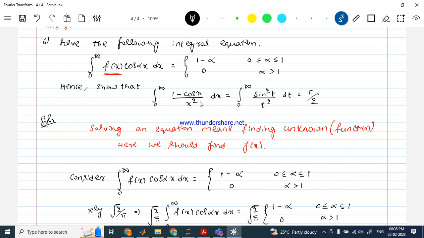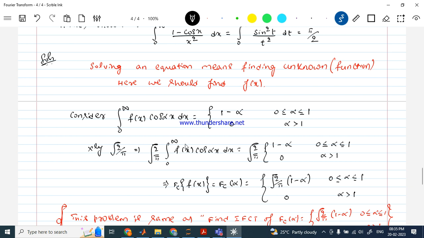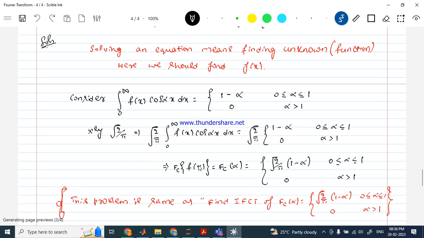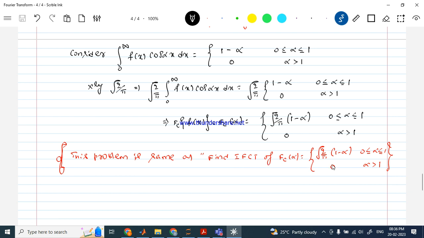We know that when we find the inverse of a transformation, that will give us f of x back. So to find the inverse, they are supposed to give fc of alpha. To find the transform, they are supposed to give f of x. In this problem, the question is very straightforward: find the inverse Fourier cosine transformation of this.